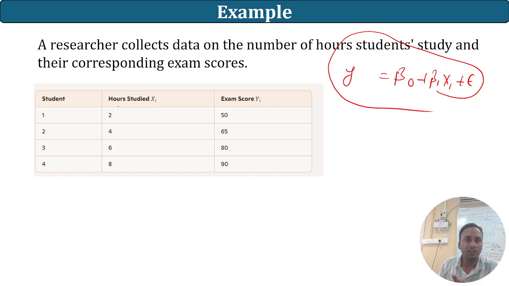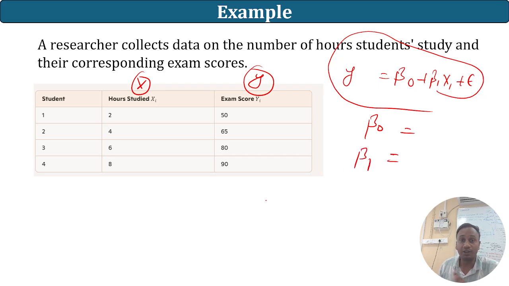So what we have is the value x and y. To calculate that, we have taken out the formulas for beta naught and beta 1, and for that this will be required. First, x bar: 2 plus 4 plus 6 plus 8 upon 4, that is 20 by 4, which comes to 5.